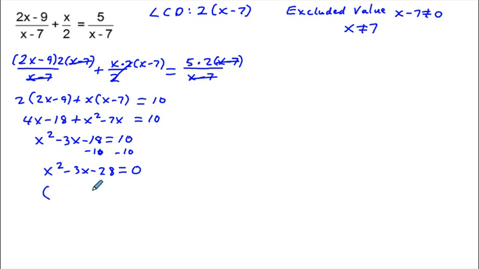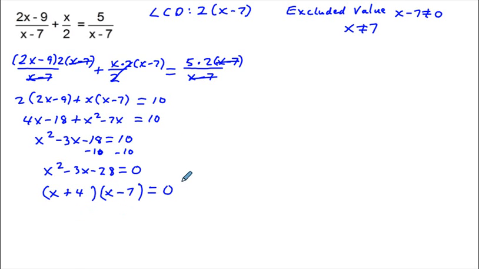And factoring this quadratic trinomial, we're going to have x and x. We have minus 28, so we're going to have a plus and a minus. We're looking for two numbers that multiply together to be 28, but have a difference of 3. Well, 7 and 4. And we have minus 3x, so the bigger number is negative, so we're going to have x minus 7, x plus 4.